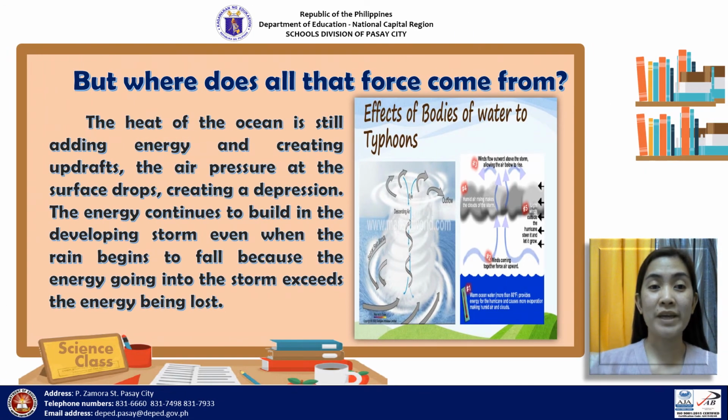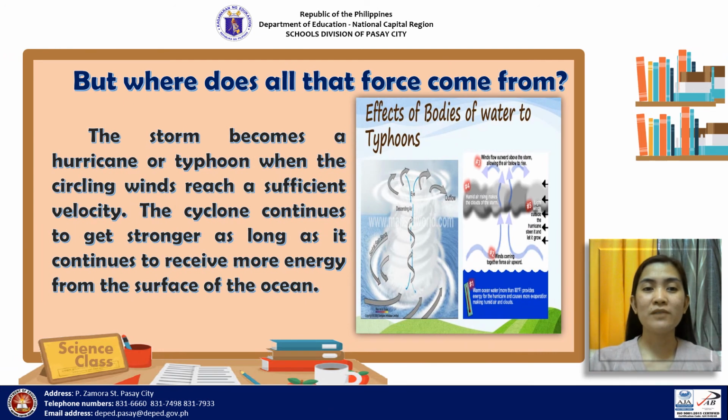At this point, because the heat of the ocean is still adding energy and creating updrafts, the air pressure at the surface drops, creating a depression. The energy continues to build in the developing storm even when the rain begins to fall, because the energy going into the storm exceeds the energy being lost.